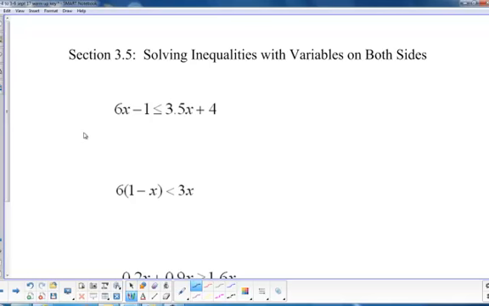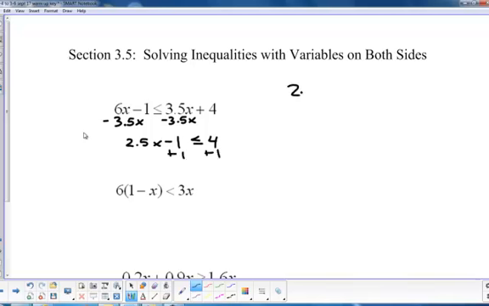Alright, letters on the left seem to make it a lot easier to graph. So I'm going to move my letters to the left on a regular basis. So 6 minus 3.5 is 2.5. And since the letters have taken over the left, the numbers are going to move over to the right.